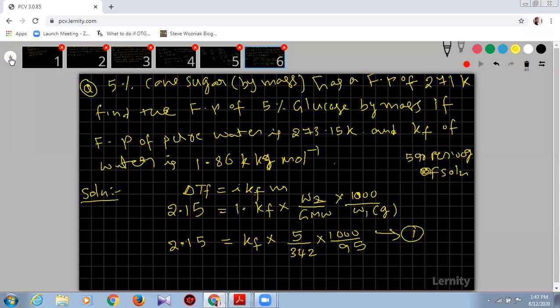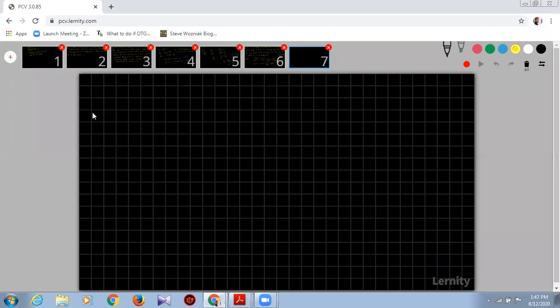Next, I'll go to the next slide. Next I will take glucose. The first case was sucrose, the second case is glucose. Now delta TF is equal to i into Kf into m, the same formula we applied: weight by gram molecular weight into 1000 by W1.